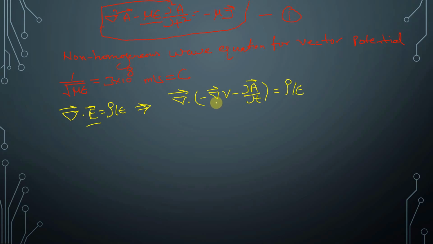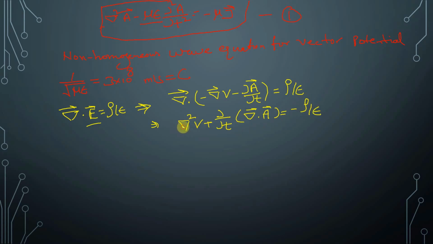Okay, so open this bracket and cross multiply. You will get, it implies that del square V plus curl by curl T del dot A is equal to minus rho by epsilon.